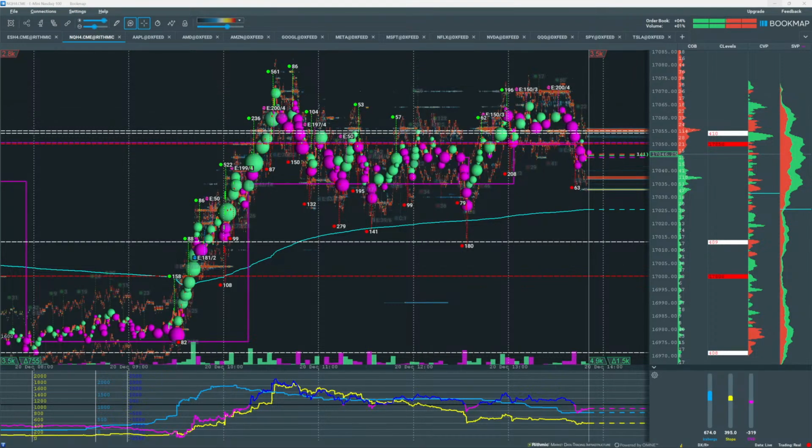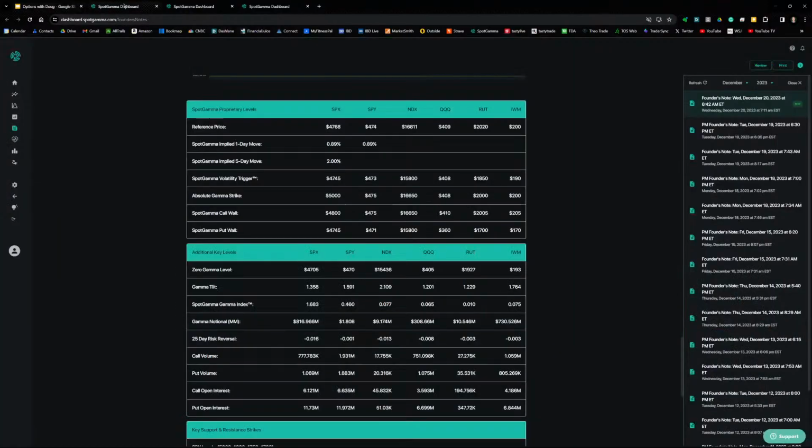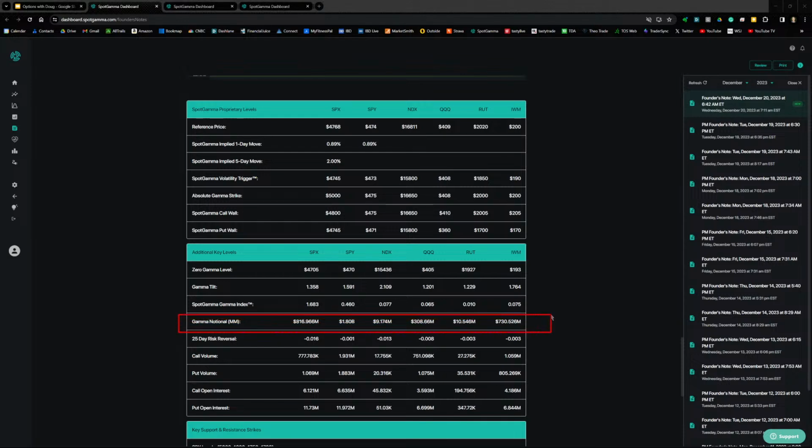All right, let's take a look at gamma notional now to see how market makers were positioned on the gamma curve at the beginning of the day. So what this is showing is market makers' position on the gamma curve again at the beginning of the day for the S&P 500, NASDAQ, Russell 2000.